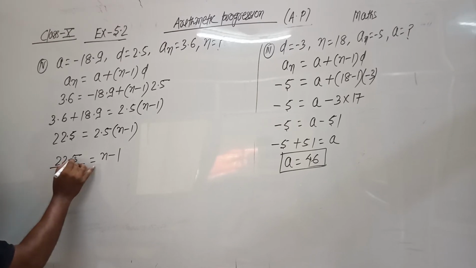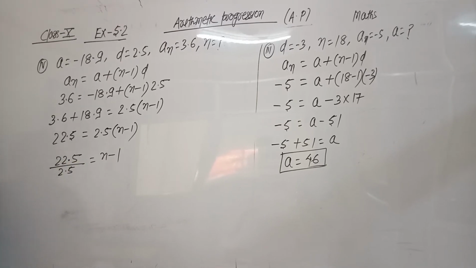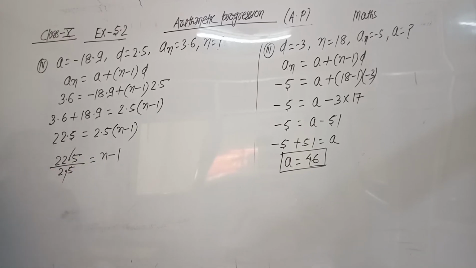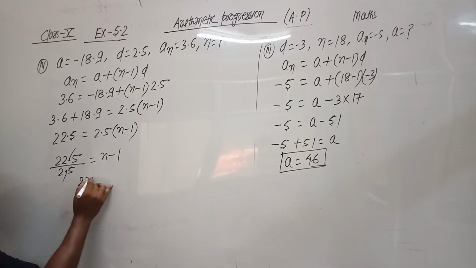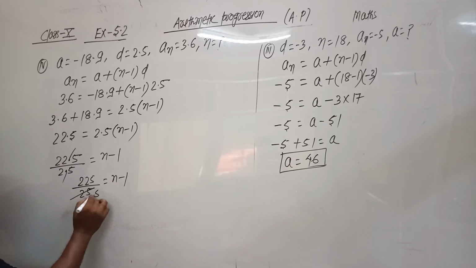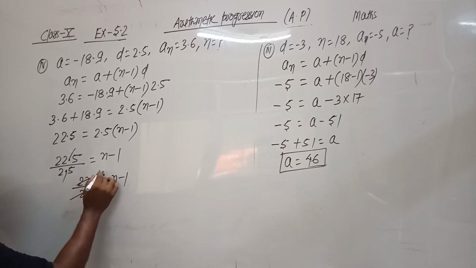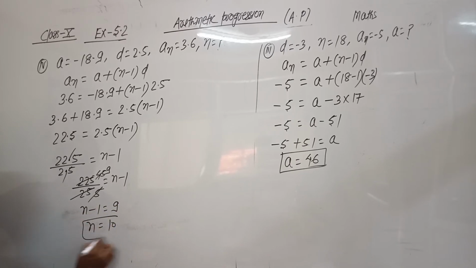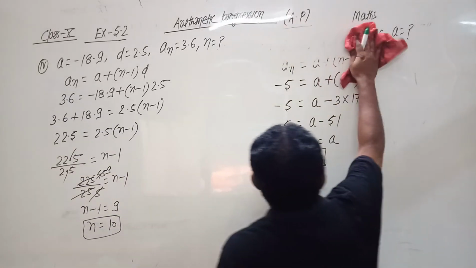After the decimal, in the numerator there is one digit, and in the denominator there is also one digit, so the decimal gets cancelled. So we get 225 upon 25 equals n minus 1. This gives 9. n minus 1 equals 9, and n equals 9 plus 1, 10. Minus 1 will go on the right side, becomes plus. So we get the value of n equals 10.